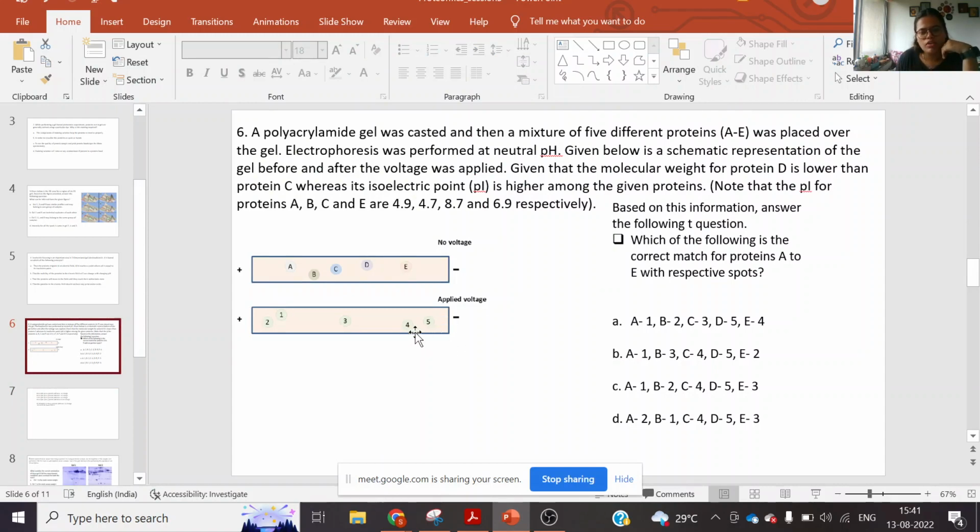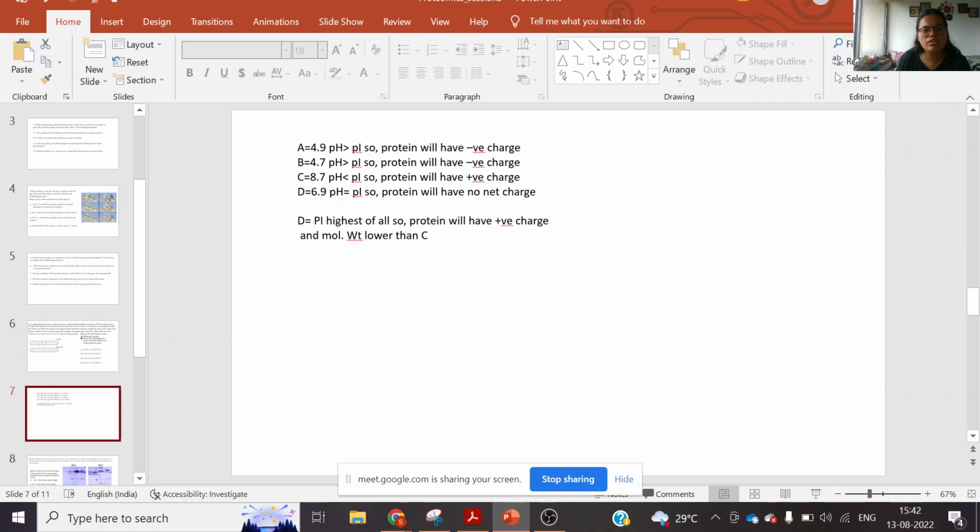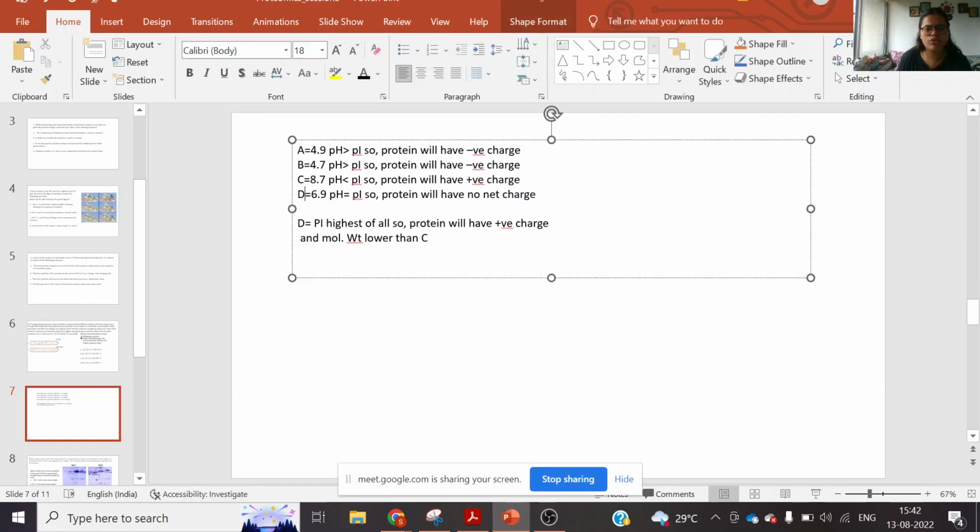So here, you can see in option C, D5 and C4 both will be here. And in the case of protein D, which is 6.9, sorry, this is protein E. Sorry, I forgot to edit it properly.